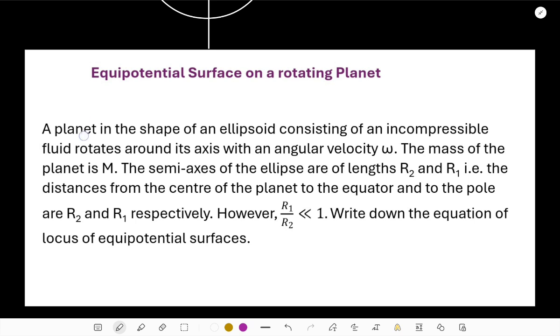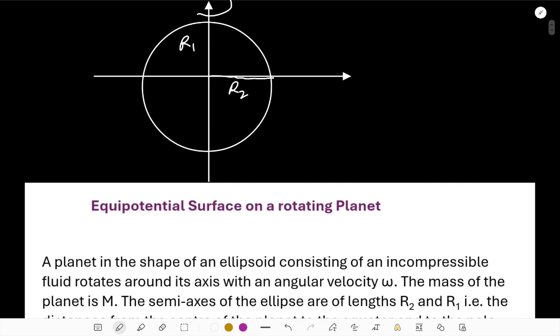So I'm going to do one thing. I'm going to shift to a non-inertial frame of reference, rotating together with the planet with the same angular velocity omega.